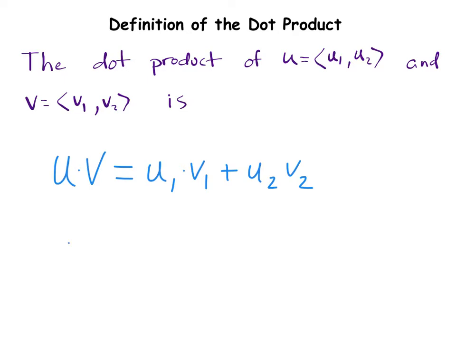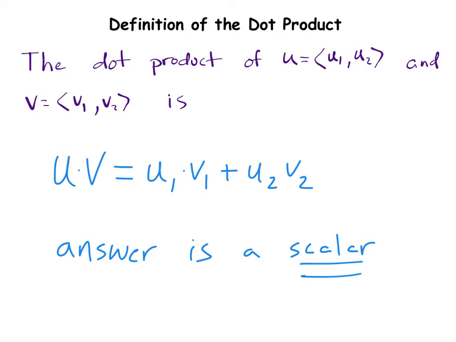Biggest thing I want you to keep in mind, because this is basically our third vector operation, we did scalar multiplication and vector addition that we did in section 3. Both of those, when you would perform them, your answer was a vector. We're going to stick with our fancy vector terminology. When you're doing the dot product, the answer is a scalar.